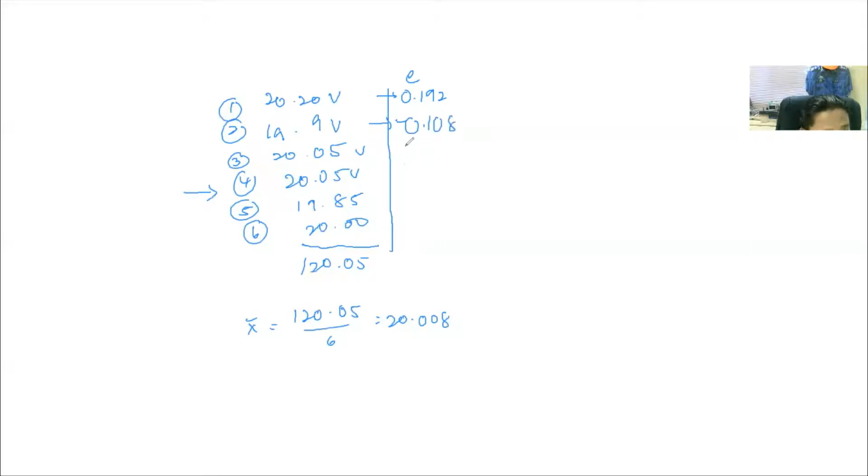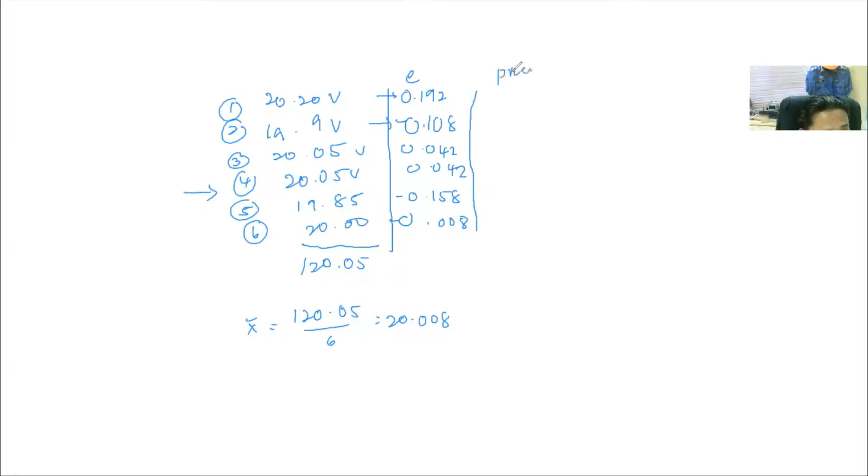Number 3 is 0.042, the same for number 4. Then negative 0.158, and the last one is negative 0.008.